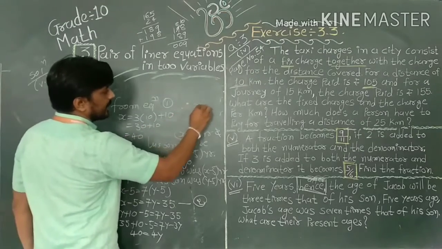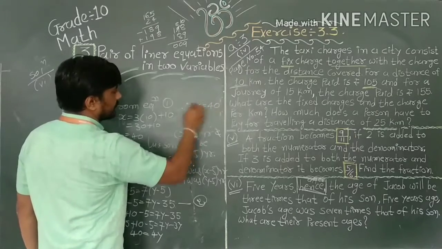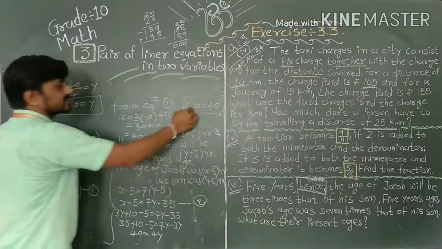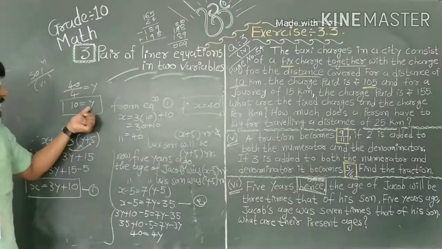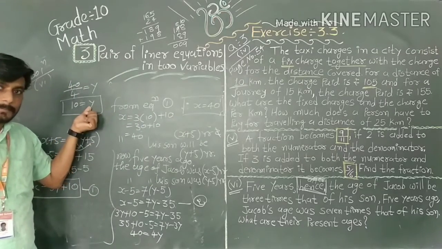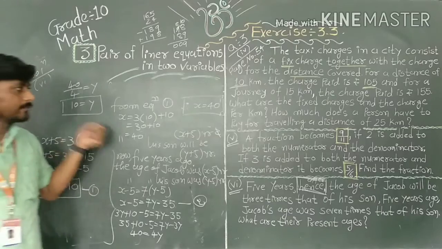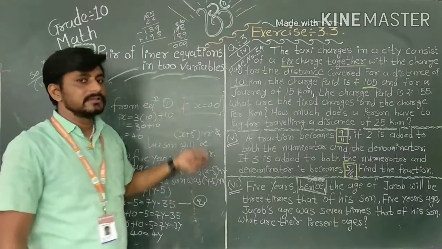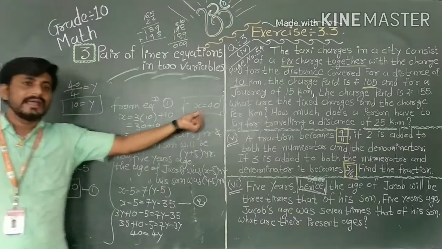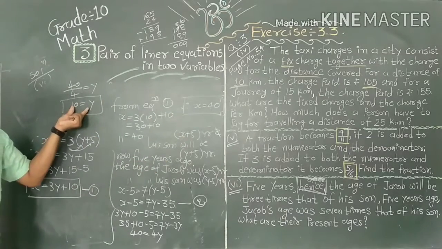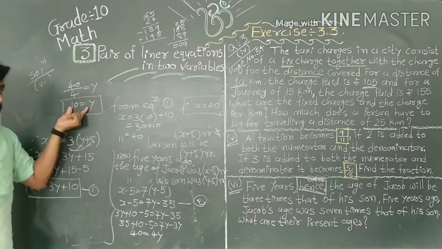Finally, we have x is equal to 40. And we considered x as the present age of Jacob and y as the present age of his son. At last, you have to write, therefore, the present age of Jacob is 40 years and the present age of his son is 10 years.